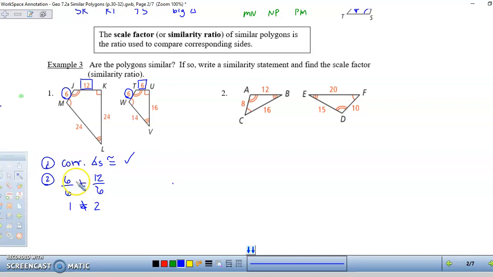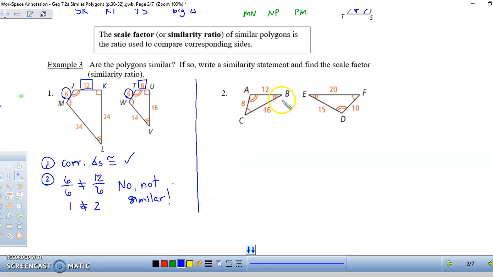But here 36 is not equal to 72. Anyway, without having proportional side lengths, we would answer no, not similar. So these two shapes here are not similar because you need both things to be true.